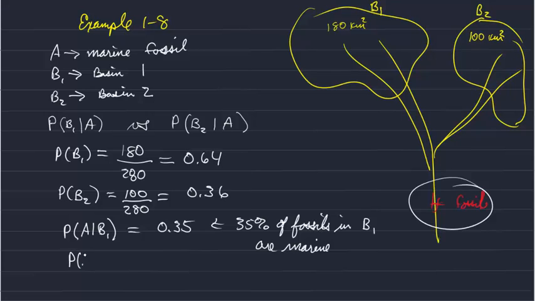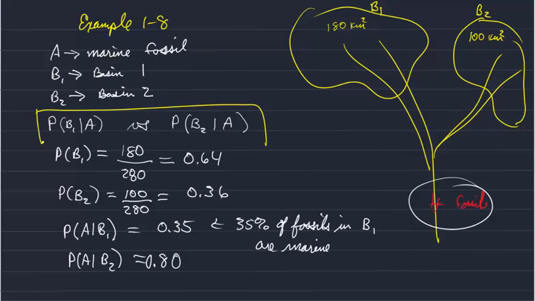And given that we're in Basin 2, the probability of a marine fossil is 80%. So 80% of the fossils in Basin 2 are marine. So again, we seek these two quantities. Let's use the equations that we looked at in the last video and see what we get.